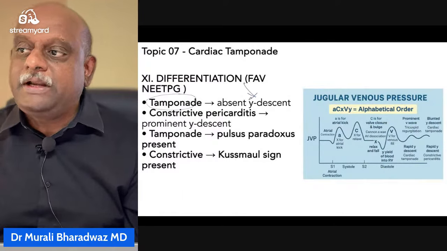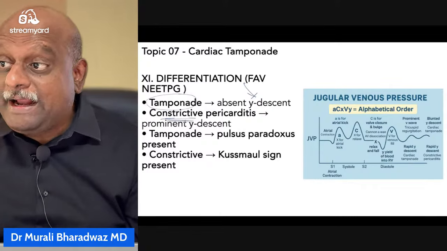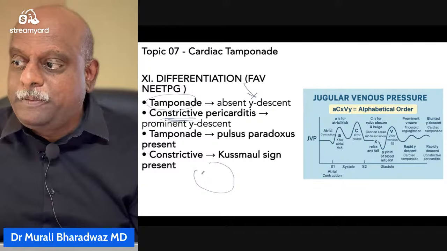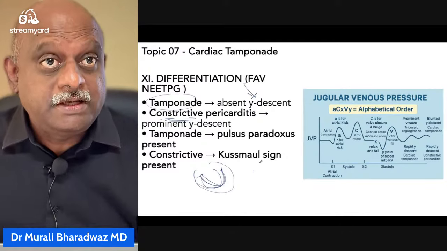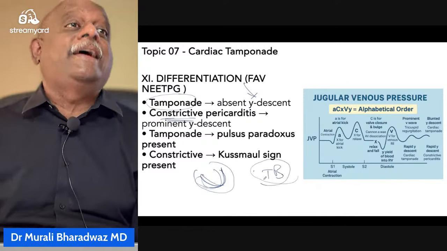Tamponade has an absent Y descent. But there is another entity called constrictive pericarditis. Where do you get this? We are residents of the country where TB flows.